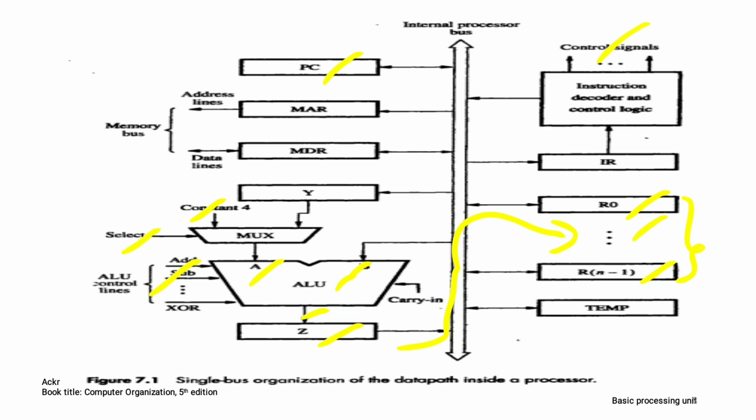The select line of the mux will choose this constant 4 and send it as the output of the mux, and it is made one of the operands to the ALU. Here 1000 is sent. 1000 plus 4 will be done when the control logic sends the add control signal here. The resulting 1004, through Z and over the internal bus, will be saved in the program counter. This is how PC is made to point to the next word or next instruction address.